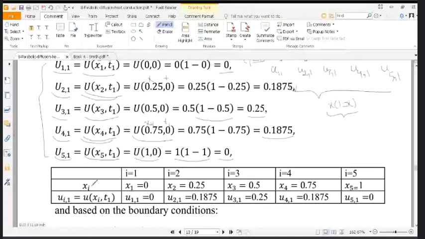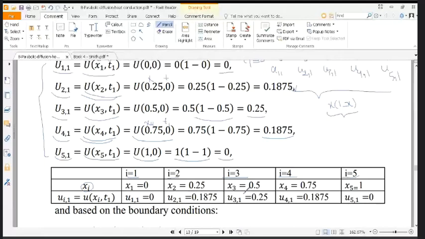In this table, in the first row, you can see the value of i: 1, 2, 3, 4, and 5. For the second row, you can see the value of xi: x1 is 0, x2, x3, x4, and x5.